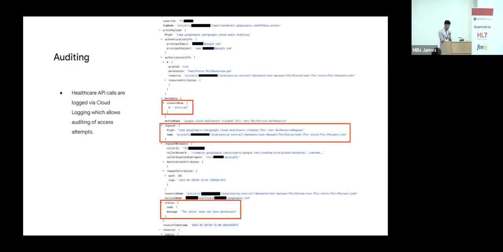And then I also want to note that our FHIR API does audit and track all these access attempts. So in addition to enforcement, we'll be able to provide users with access logs and when attempts were successful or denied.